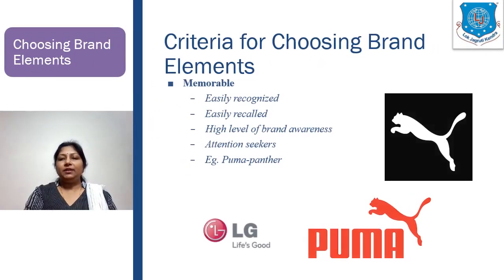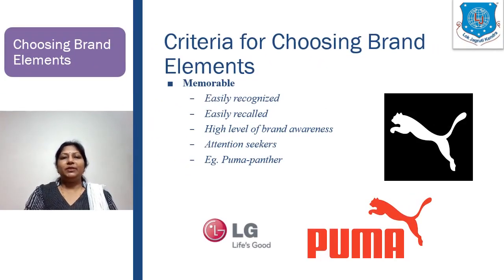The first criterion for choosing brand elements is that the element should be memorable. Memorable means getting attention to that particular brand element, or facilitating recognition and recall of a brand during the purchase process or whenever there is a consumption requirement.